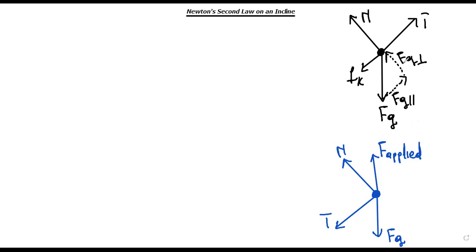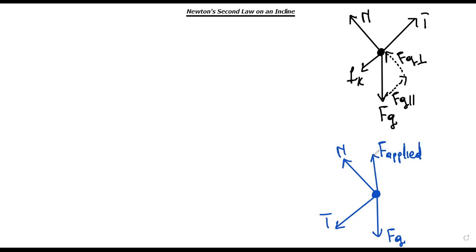You always talk about the parallel and perpendicular component of the gravitational force. So if we look at block P alone, which forces are parallel to the incline? It's the tension force, the kinetic frictional force, and the parallel component of the gravitational force.